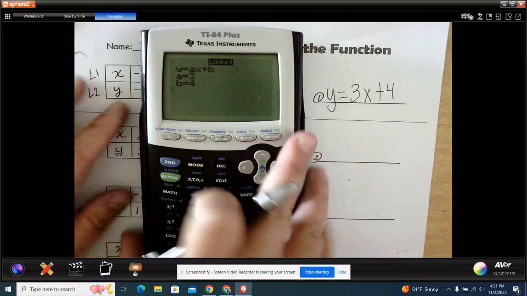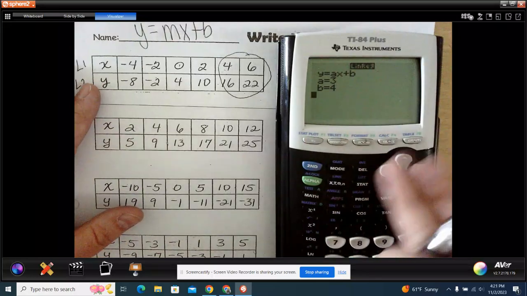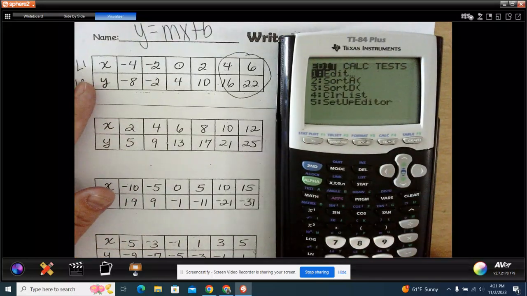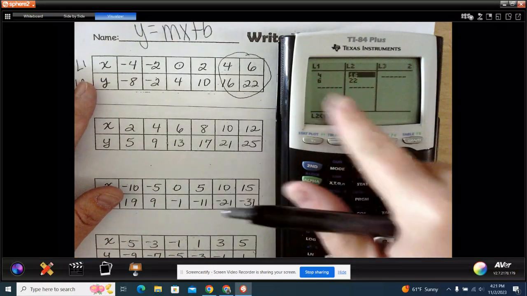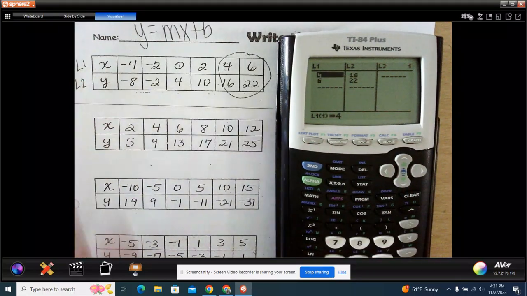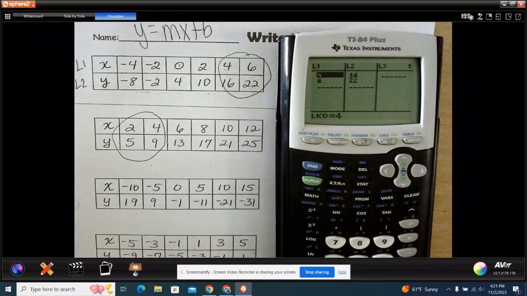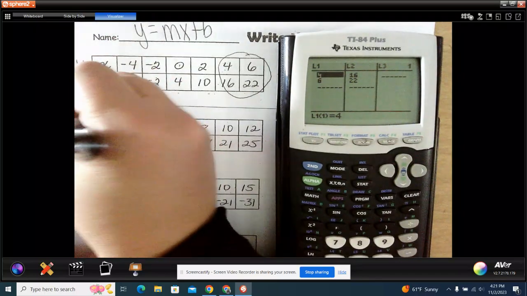All right, so let's try another one. Staying on this screen, if you hit stat and then enter, there's my table that I created on the last one. We're going to pick 2 points. I'm going to pick the 2 at the beginning. Any 2 points as long as they are side by side. So again, my x values go in L1.